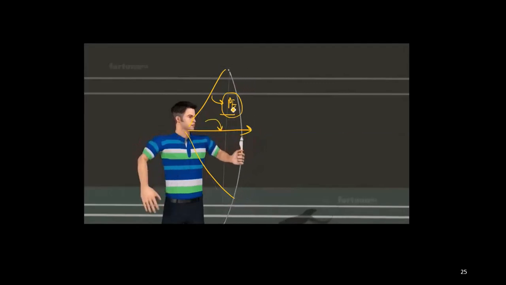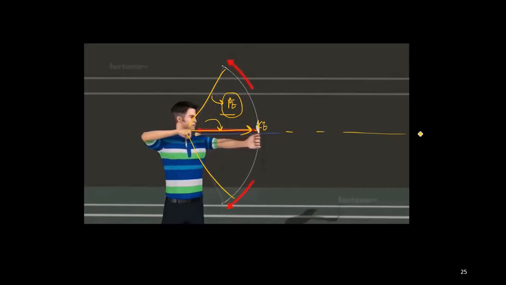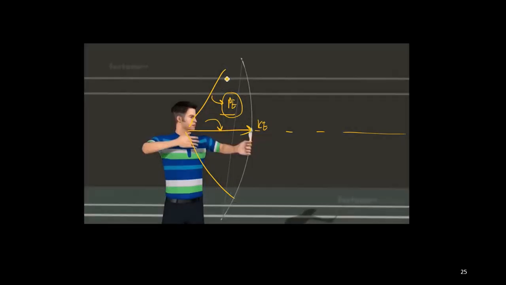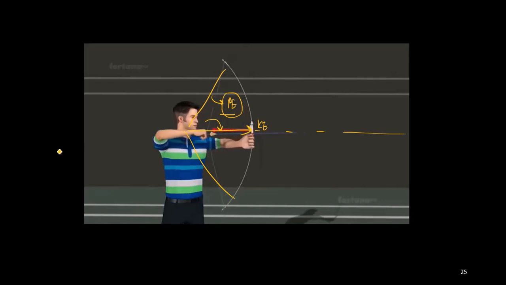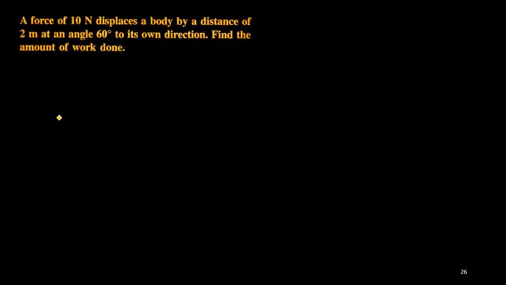That is the conversion of potential energy to kinetic energy. Because of that, the bow goes in the forward direction, since some energy is imparted on it by the string. The energy stored while pulling is utilized as kinetic energy once I release it. So energy is being converted from one form to another.